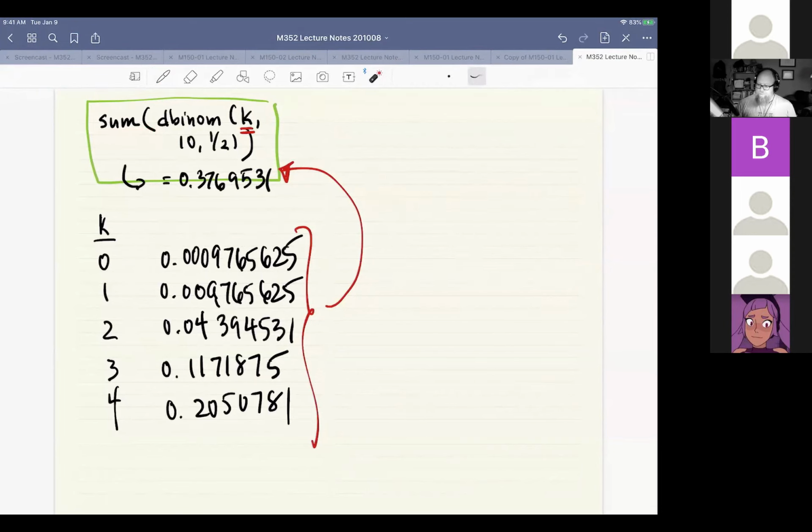Okay. So there's a tool in your bag of tricks for using R to calculate probabilities for binomial functions. That should be very useful to you. Let's go on to talk about mean and variance of a binomial distribution.